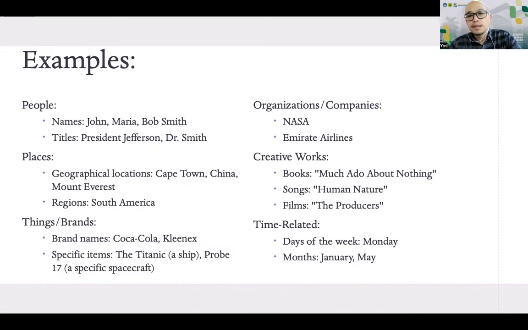The titles of creative works can also be considered proper nouns, like the title of a book, Much Ado About Nothing, or the title of a song like Human Nature, or the title of a film like The Producers. The name of the day or the name of the month can also be considered a proper noun, like Monday, January, or May.